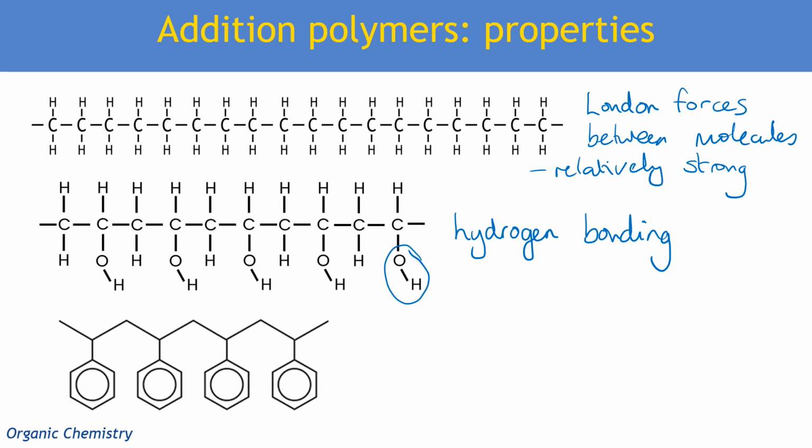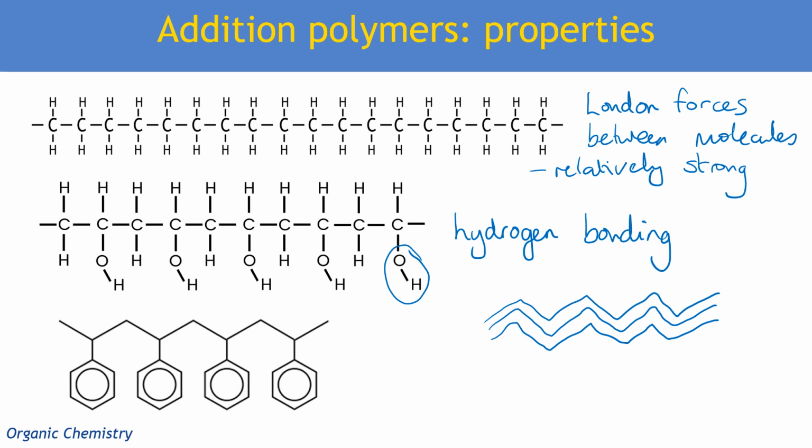And then we've got this one at the bottom, and the reason I put this in here is because of the benzene rings. So if you were to take my polyethene, if it's a regular chain actually, the molecules have a very large surface area and they can pack together really well and get a lot of strong London forces between them.